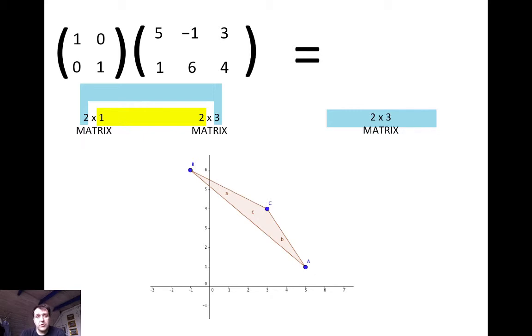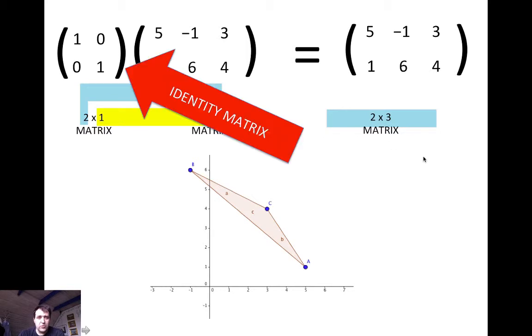Okay, so if you've paused the screen, hopefully you've found that you get exactly the same thing as you started with. So that's because having the 1s here and 0s here is making all of the x coordinates the same, and having the 0 and the 1 here is making the y coordinates all the same.